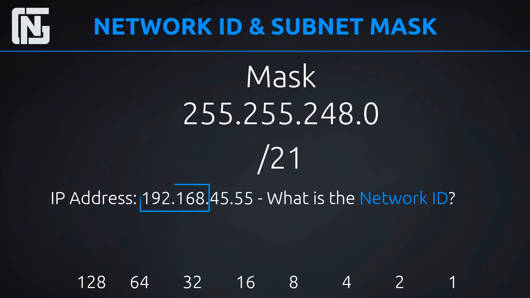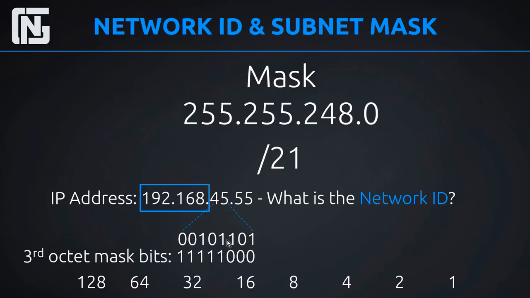Well, we know again that 192 and 168 will be used in the network ID because we have all 255s in the mask portion of those 2 octets, right? So now we need to look into the 3rd octet here, and we need to break it out into binary. And when we break it out into binary, we see it's 00101101. And then when we put that up against the mask in the 3rd octet, we see that these are the only numbers that should match right here.